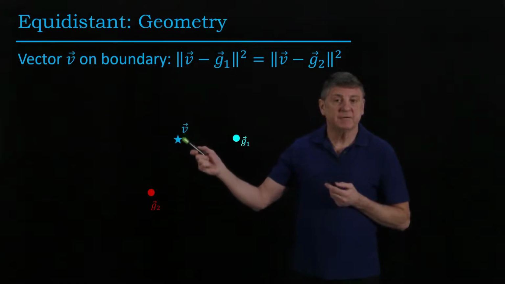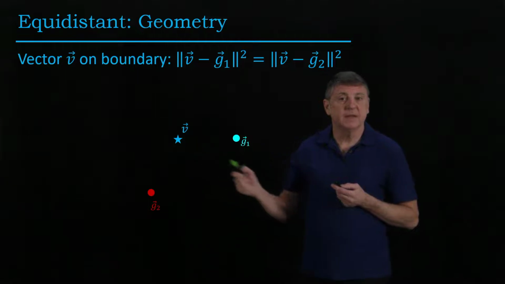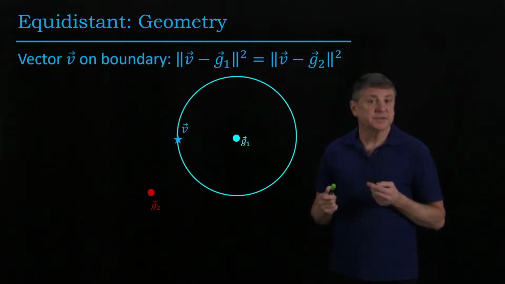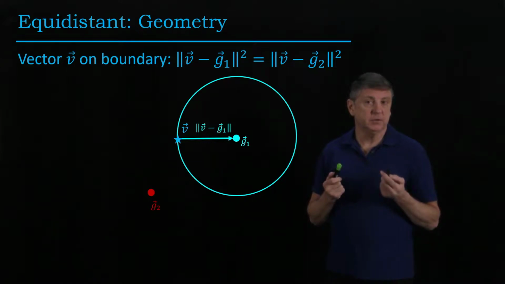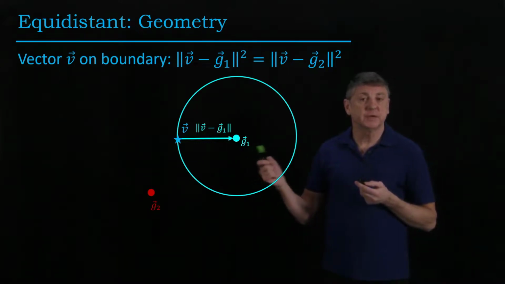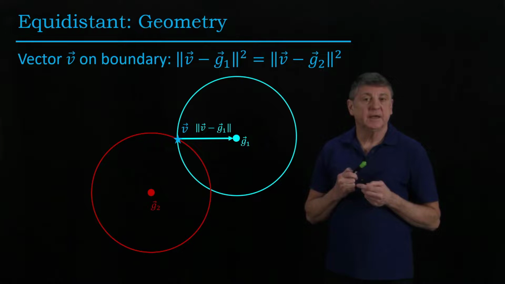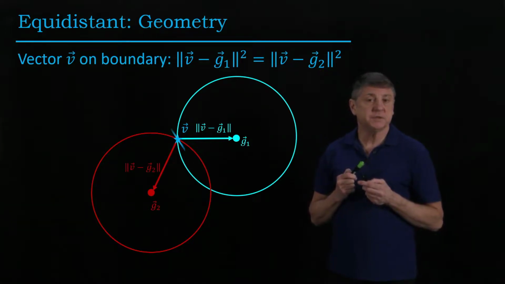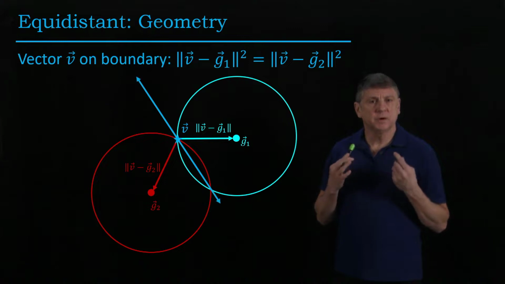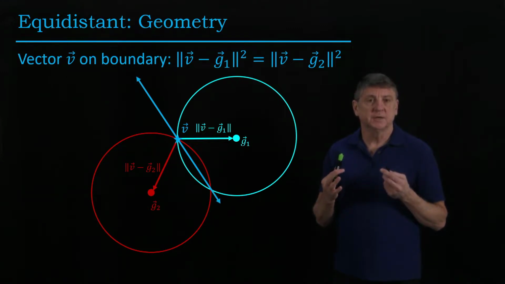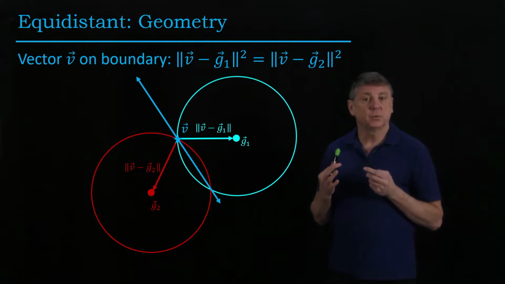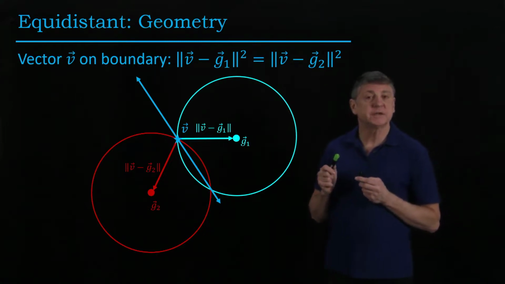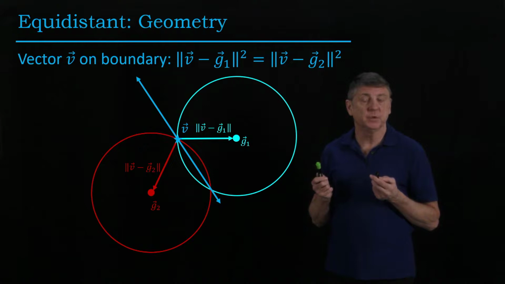Now imagine that we have a new vector, V, and the vector V has some determinable distance, using the L2 norm, or the Euclidean norm, to that first centroid. Likewise, it has a distance to that second centroid. When those distances are equal, we can recall from ancient Greece the geometer Euclid, and Euclid defined a line or a plane as a set of points that are equidistant from two given points.